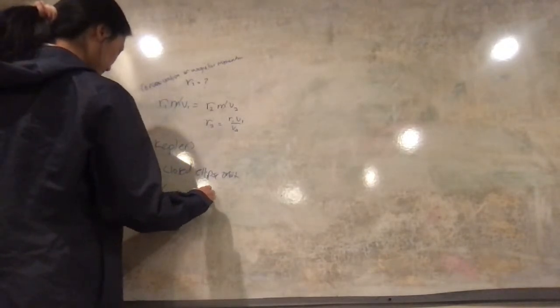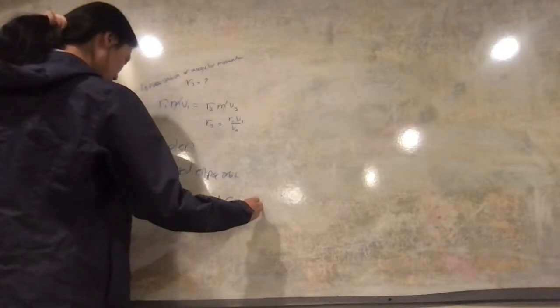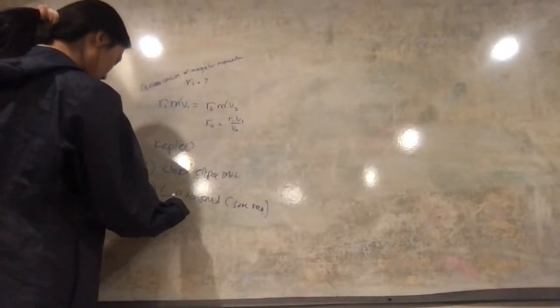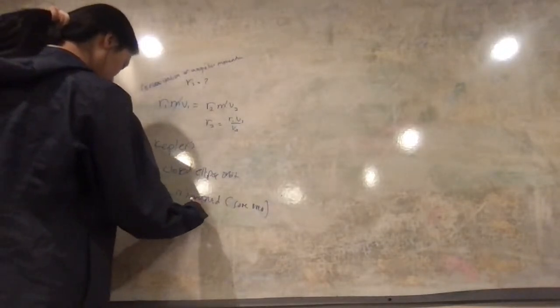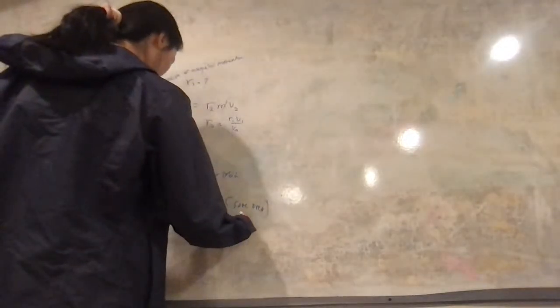Second, L is conserved, or equal areas in equal times. The third one, starting from Fc equals Fg, gives T, the period, squared proportional to R cubed, or T proportional to R to the 3/2.